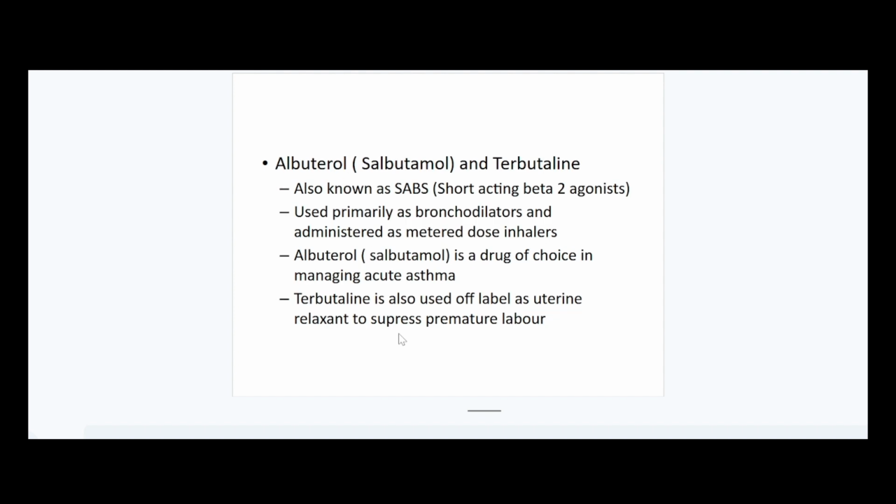We have albuterol, I've already explained it, which are the SABAs, short-acting beta-2 agonists used as bronchodilators, and we have the long-acting ones, and we have terbutaline, which is an off-label uterine relaxant. We are going to explain that in endocrine pharmacology, just for you to look at the slide and read what is there.